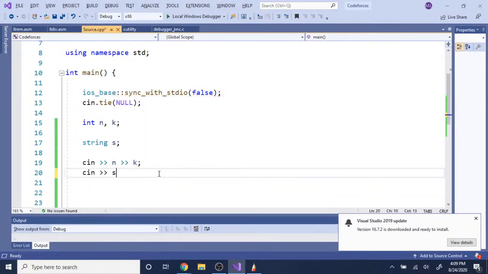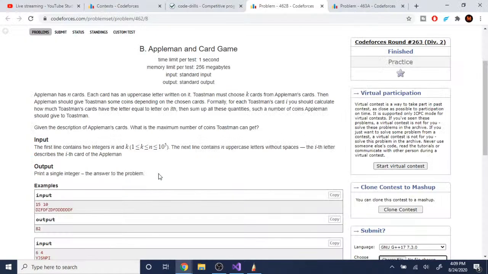Okay. N, each card has an uppercase letter written on it. You have to choose K cards from the Appleman's cards. Then give Toastman some coins depending on the chosen cards.